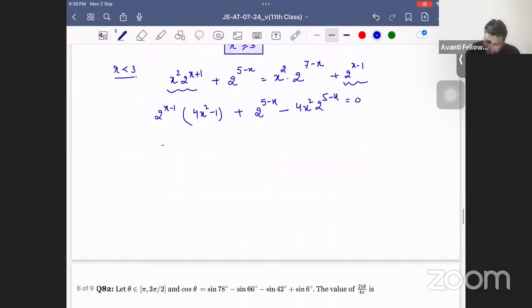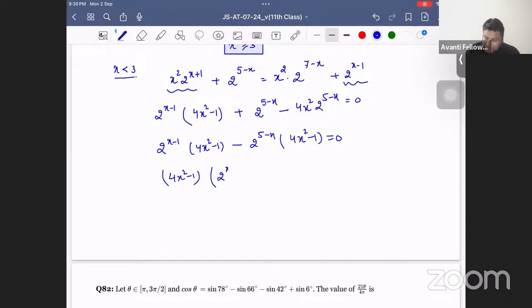So it became 2 to the power x minus 1 into 4x square minus 1. Take minus of 2 to the power 5 minus x common. It is again 4x square minus 1 equals 0. So 4x square minus 1 times 2 to the power x minus 1 minus 2 to the power 5 minus x is 0.